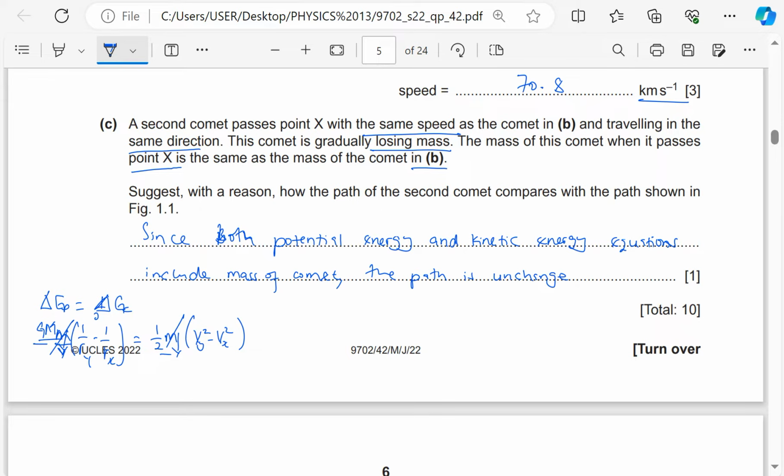So the path is going to remain the same whether the mass of the comet is reduced. Okay, so the path is unchanged. So the path remains the same, in other words.